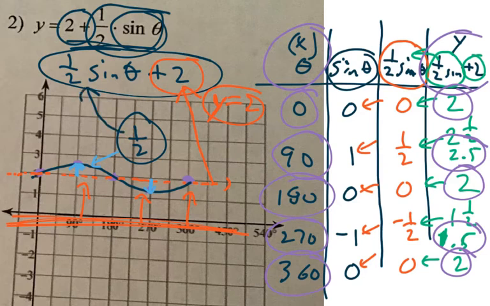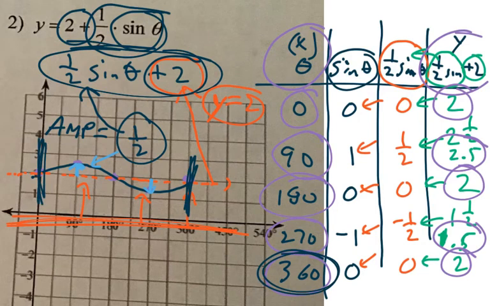The coefficient of the sine function, right at the beginning. So we know our amplitude, amp for short, is 1/2 or 0.5. We already know the midline is plus 2, positive 2. The period again goes from here to here. That's one full cycle. It's 360.